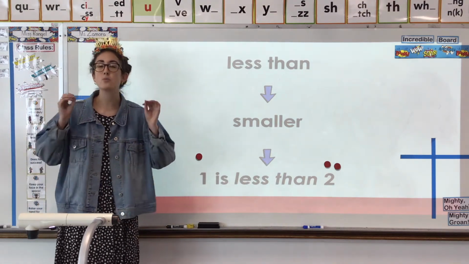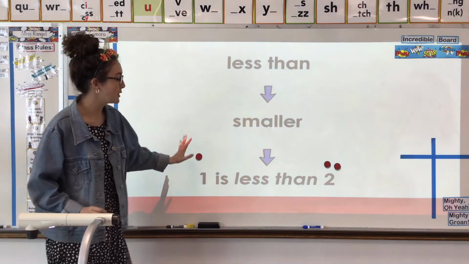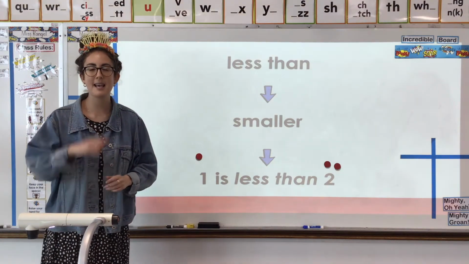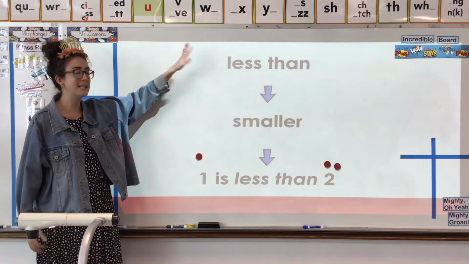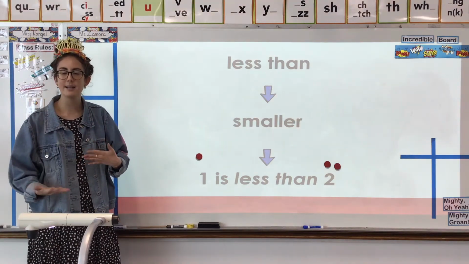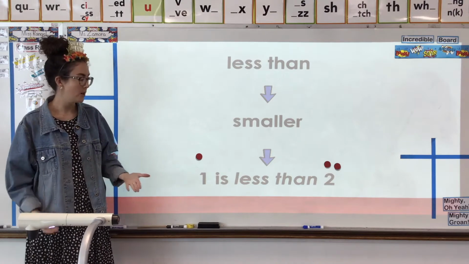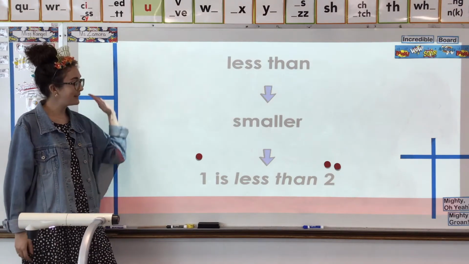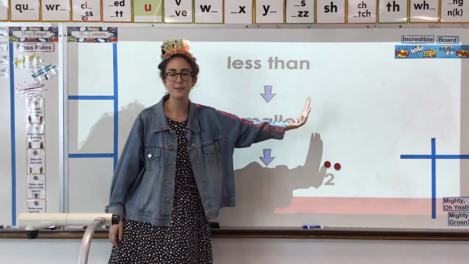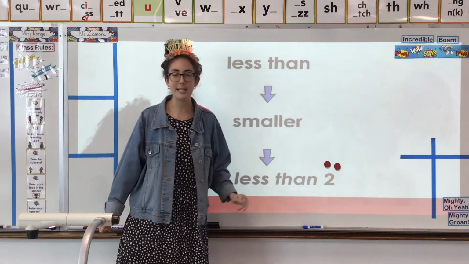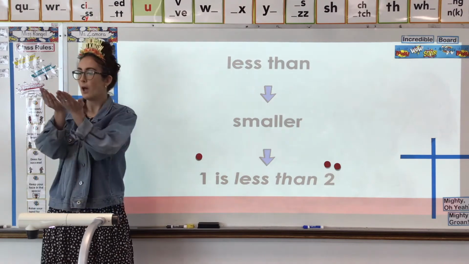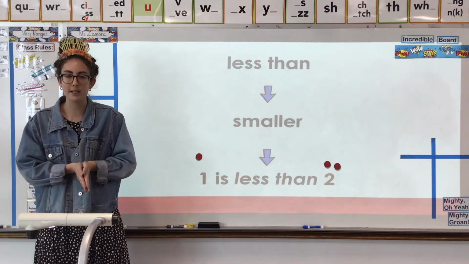And something that is really important when we're looking at these number sentences, and we're going to work really hard today, is that when we're using less than or greater than, and we're comparing numbers, we need to always work from left to right. We need to read these sentences from left to right, just like we would when we're reading our own book.